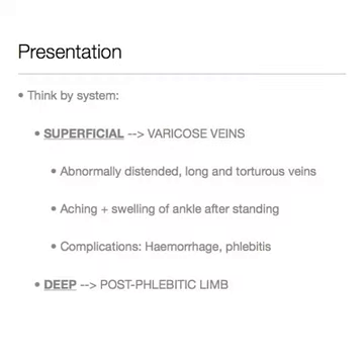The patient may also complain of aching in the legs and swelling of the ankles, especially after long periods of standing. Complications of varicose veins include hemorrhage following trauma and phlebitis, which is characterized by inflammation in the skin and tissue surrounding the varicose vein, and this may subsequently become infected.